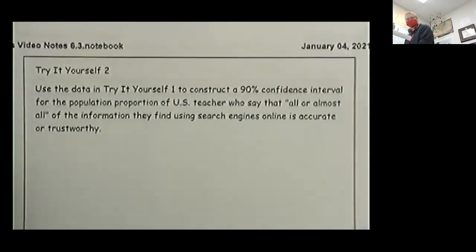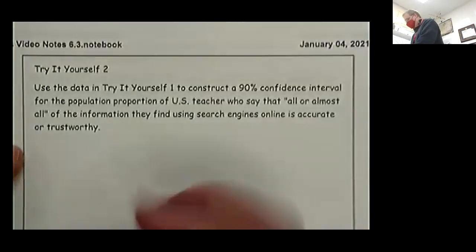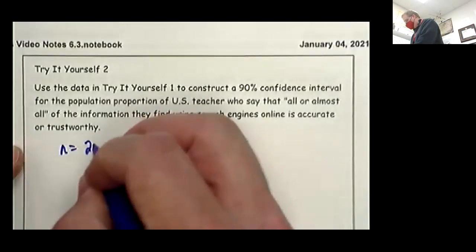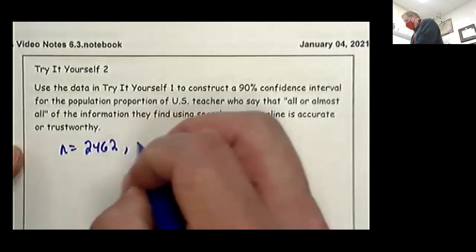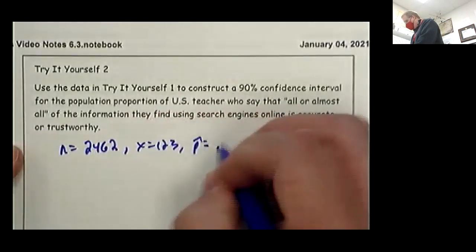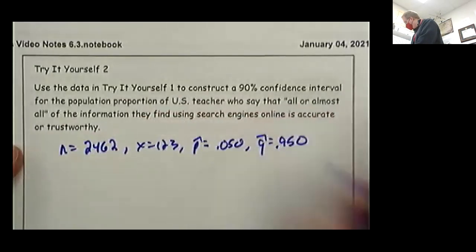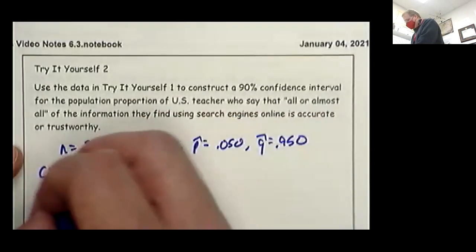Use the data and try yourself one to construct a 90% confidence interval for the population proportion of US teachers who say that all or almost all of the information they find using search engines online is accurate or trustworthy. n was 2462, x was 123, our p hat was 0.050, our q hat was 0.950. Our confidence level now is 0.90.